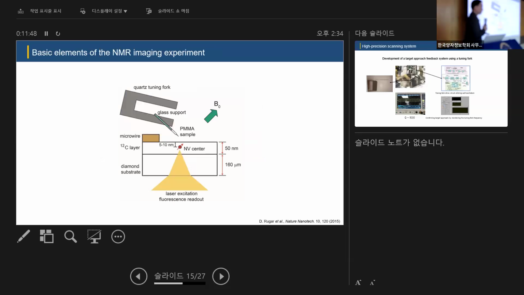So we have to take the next step. We took a PMMA particle, which is the target sample, which can be scanned over the NV center. So we still use a shallow diamond. This is also about 5 nanometers deep.